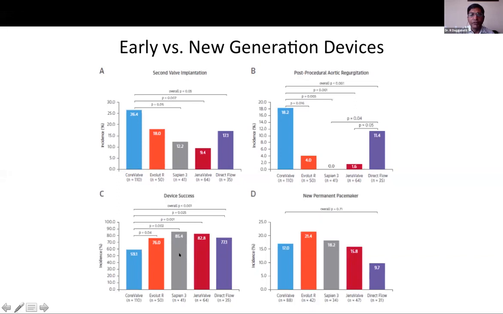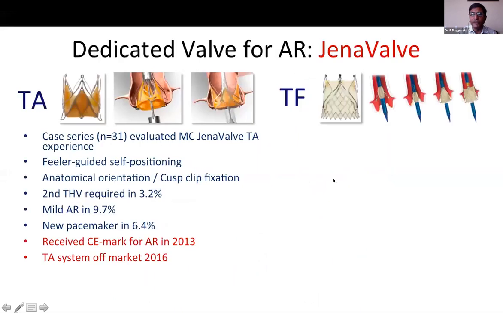And I think this is what is more important, and S3 is coming close to it, but the pacemaker needs are not much lower with S3 as well. It is 18%. And definitely the post-procedural AI in the small registry is lower, about no regurgitation with the S3 valve.